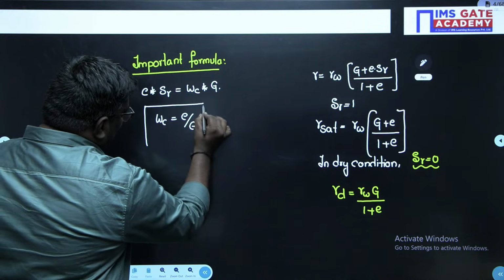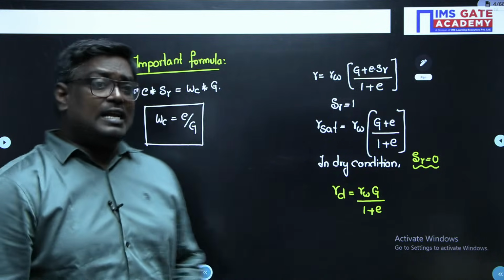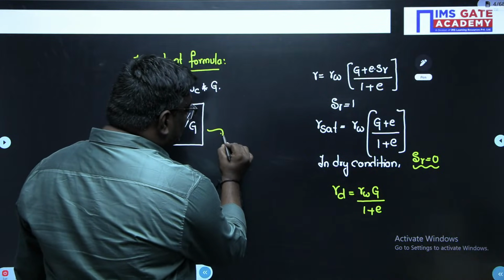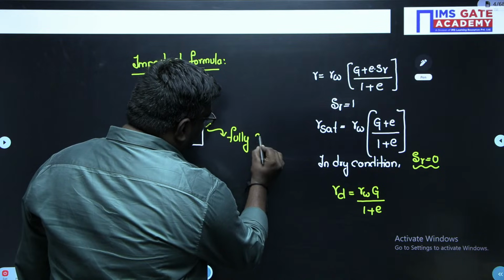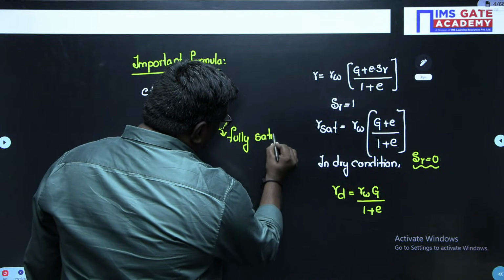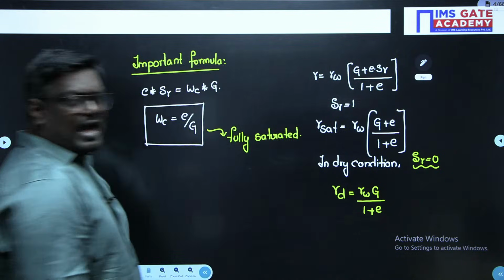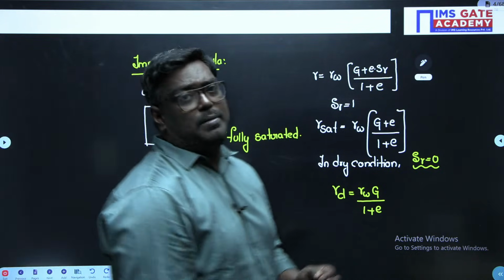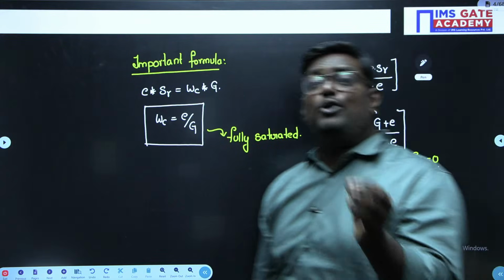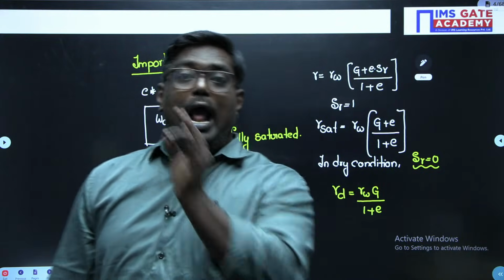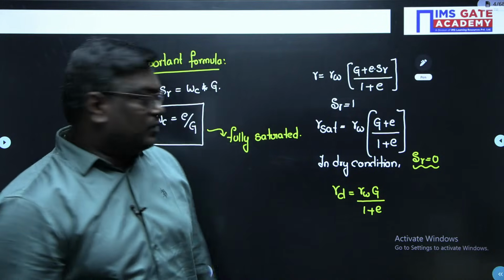So, what is w_c? w_c is nothing but the water content in fully saturated state. This formula is for the fully saturated state. Always remember, my dear students, G is nothing but the true specific gravity, and the true specific gravity is always constant for soils.